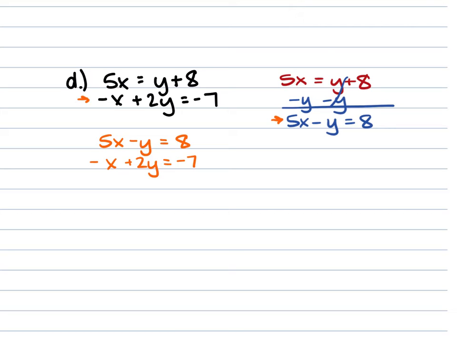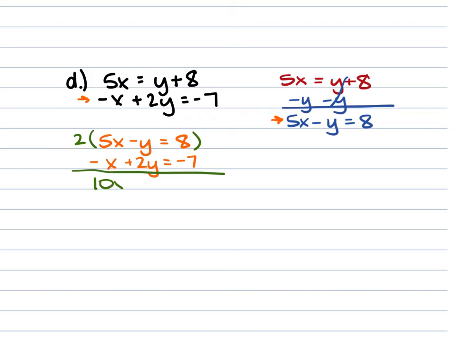I can either multiply my entire bottom equation by 5 or multiply my whole top equation by 2. I think 2 is a smaller number than 5. I might as well multiply my top equation by 2 since it's the smaller number, which will make me work with smaller numbers. So I'm going to multiply everything by 2 on the top equation.